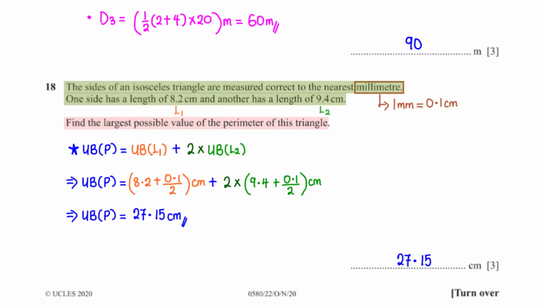Since the side lengths are measured correct to the nearest millimeter, which is the same as 0.1 centimeters, then the upper bound of L1 will be 8.2 plus 0.1 centimeters divided by 2, and the upper bound of L2 will be 9.4 plus 0.1 centimeters divided by 2. When we type this into the calculator, we get 27.15 centimeters.